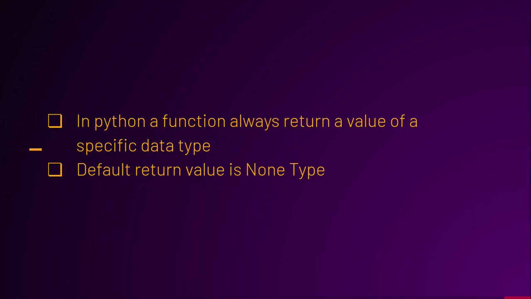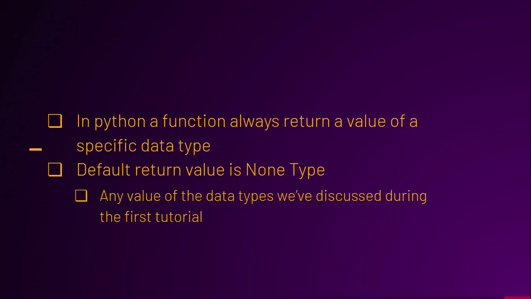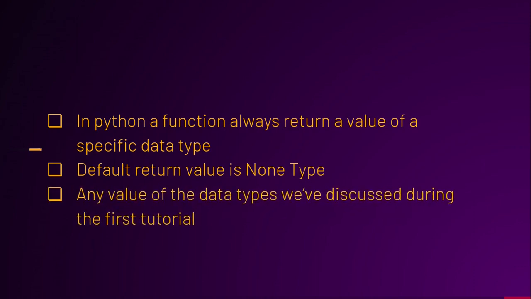If you've done C or Java, you will know of this type of function. It's a void function. It returns nothing, or you can return a value of any data type.